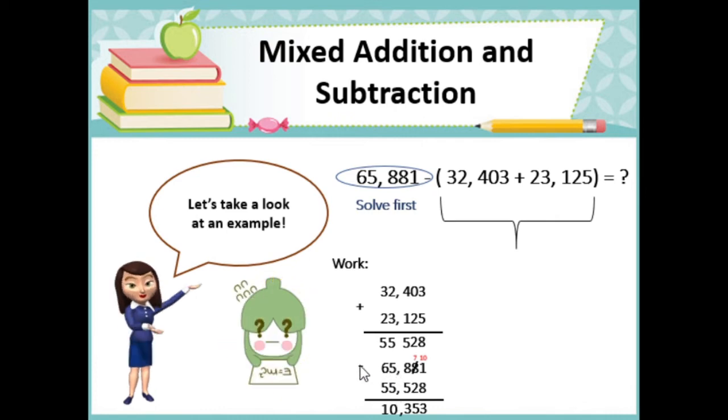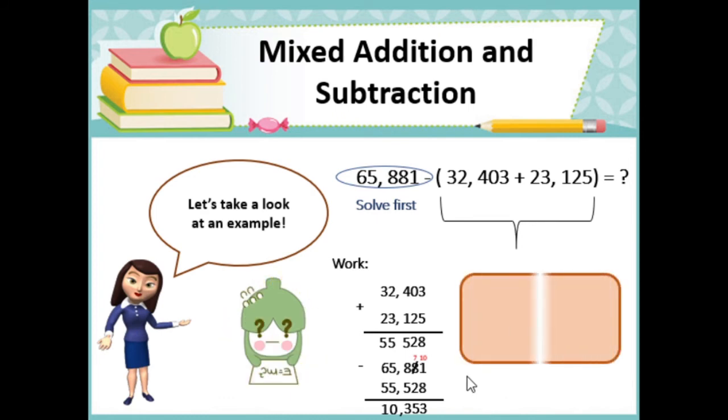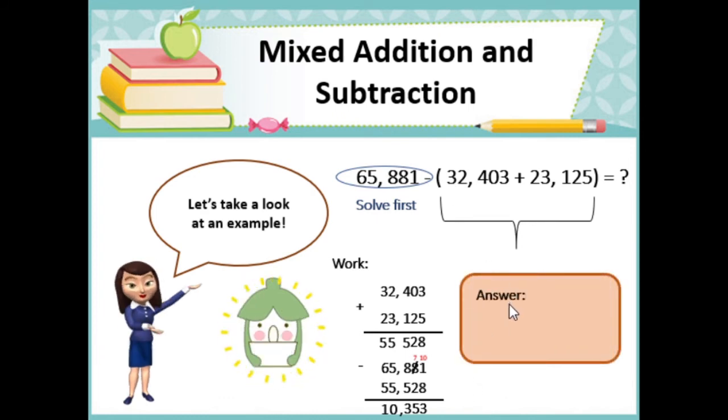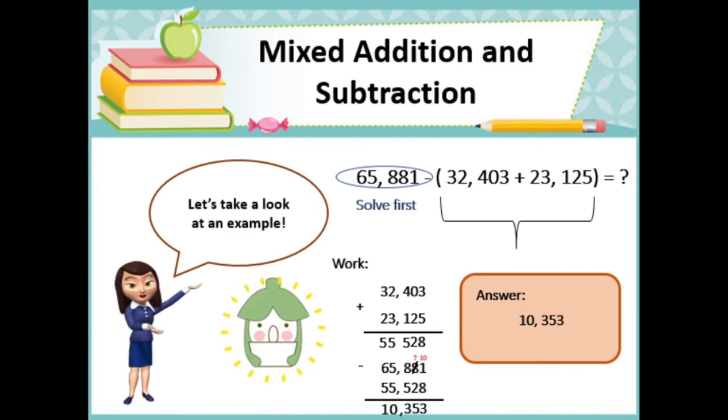And 6 minus 5 equals 1. Therefore, our answer for this example is 10,353. Again, a more accurate answer comes from solving first the numbers inside the bracket.